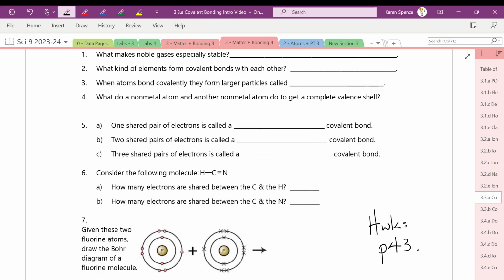Four lines, so how many pairs? Each line represents a pair of electrons.